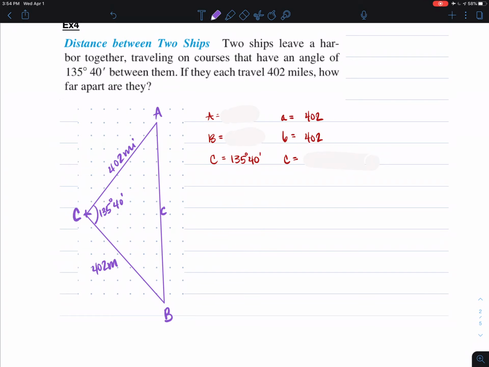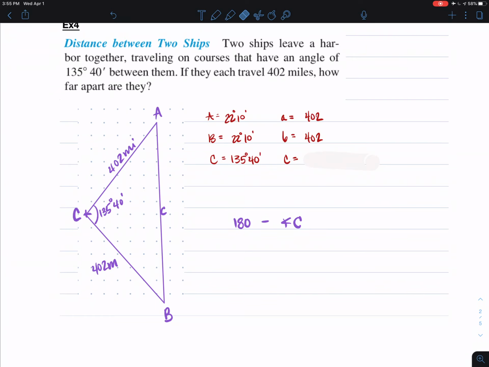So if you simply do 180 degrees minus angle C, that'll give you angle A and B together. Simply cut that in half and it'll give you each of the angles A and B. So 180 minus your 135 degrees 40 minutes gives you, I didn't actually write that down, and then split that in half and you're going to get an angle A and an angle B, both of 22 degrees and 10 minutes.